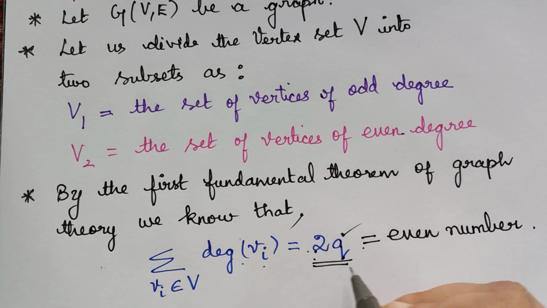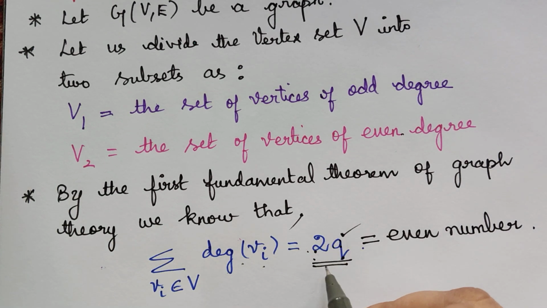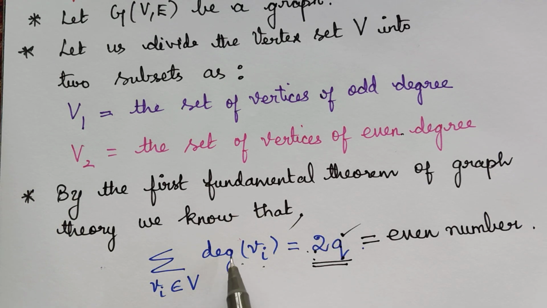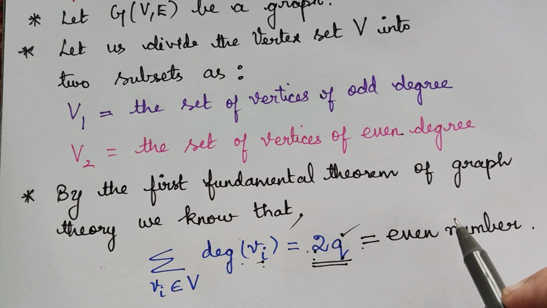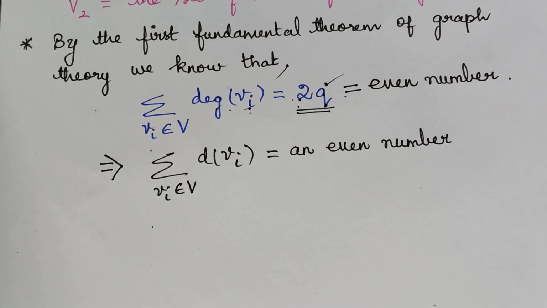Because 2q is always an even number. Therefore we see that the summation over Vi in V of degree of Vi is equal to an even number.